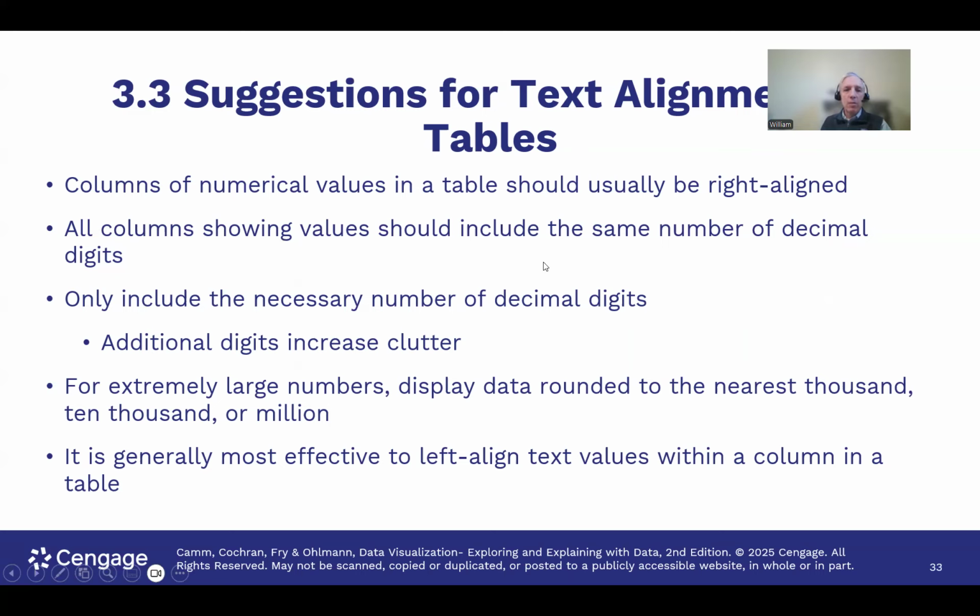You only want to include the necessary number of digits. Too often I see charts that show you numbers to three decimal places when it's meaningless. So actually think hard about how many digits you're going to show. And you might think that, well, if I showed two or three digits, I'm implying more accuracy. But that's the problem.